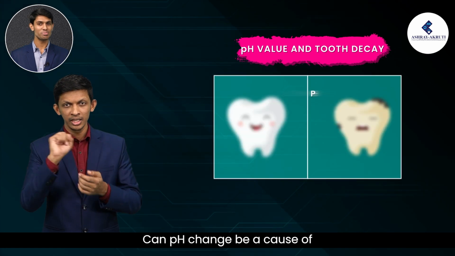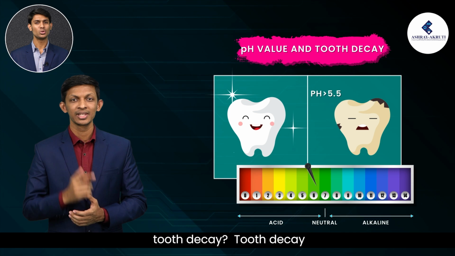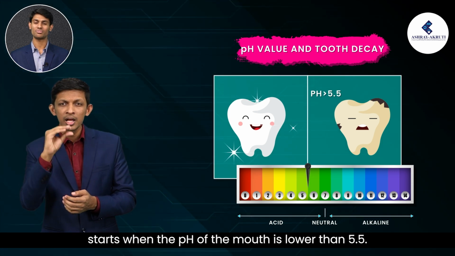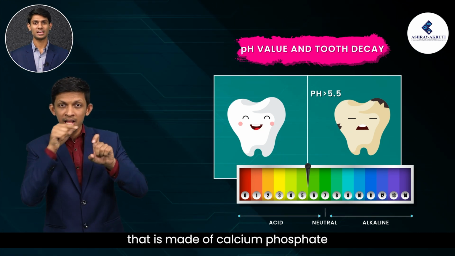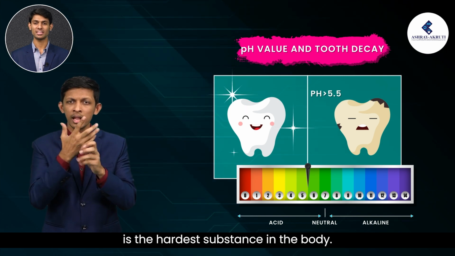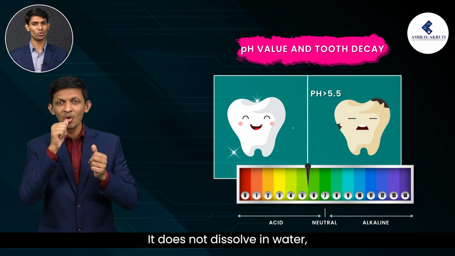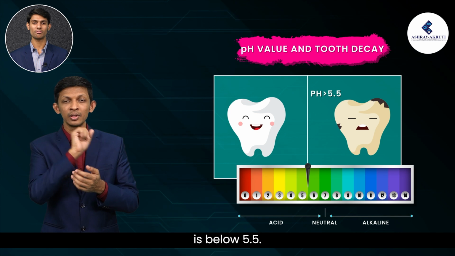Can pH change be a cause of tooth decay? Tooth decay starts when the pH of the mouth is lower than 5.5. The tooth enamel, that is made of calcium phosphate, is the hardest substance in the body. It does not dissolve in water, but is corroded when the pH in the mouth is below 5.5.